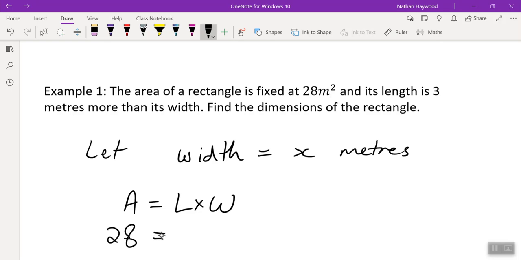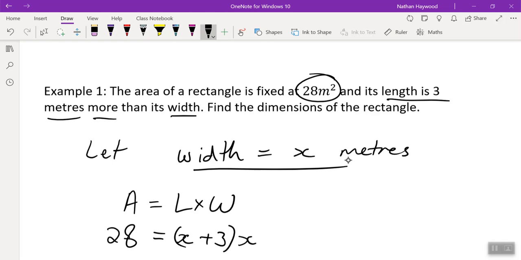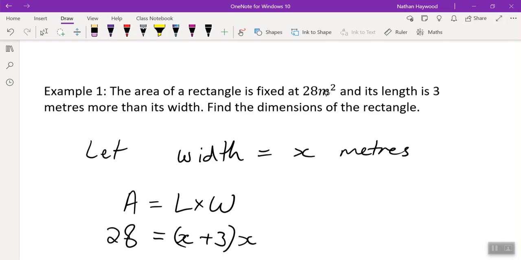What is the length? X plus 3. And what is the width? So where we got this, area, length is 3 meters more than the width, and we already established the width. So we just substituted in the information, the words from the problem. Does that make sense? I used the words, translated it to maths.